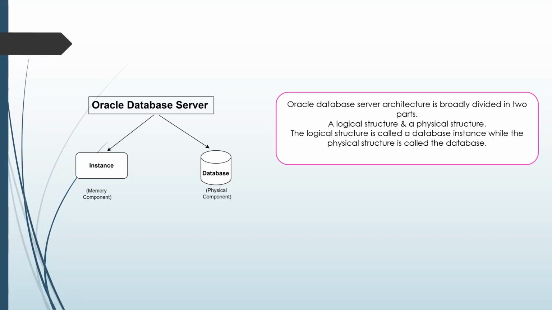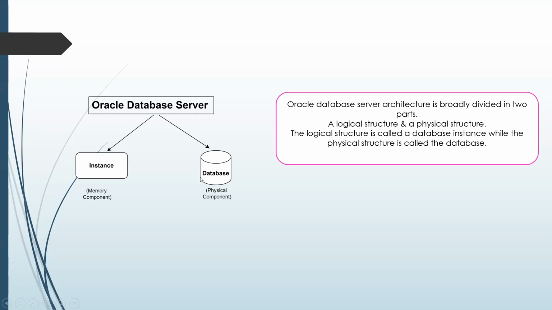The next component of the architecture is the actual database itself. And why is it called the physical component? Because it will be occupying some storage space at the storage level. You'll be able to see those files. Anything that is present on your hard drive or on the storage, we call the physical component.